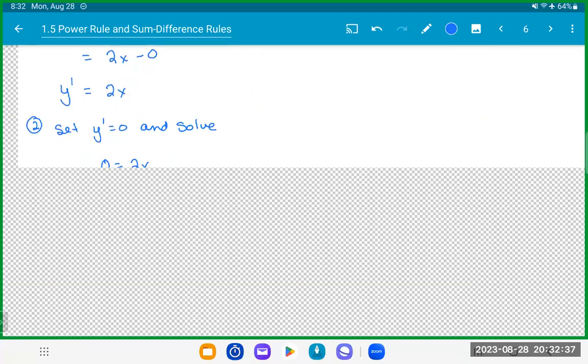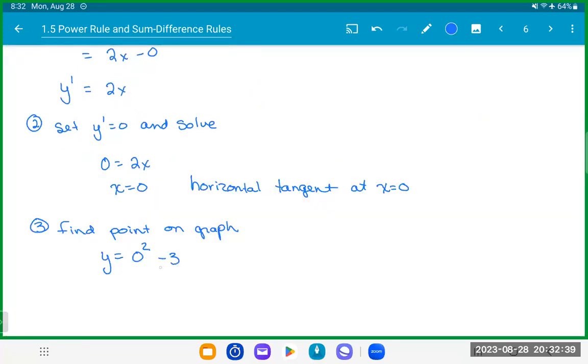Just coming back to the original equation. So I'll plug that in. If we say 0, because our x is equal to 0, so 0 squared minus 3, so y equals negative 3. So that occurs at the point (0, negative 3).